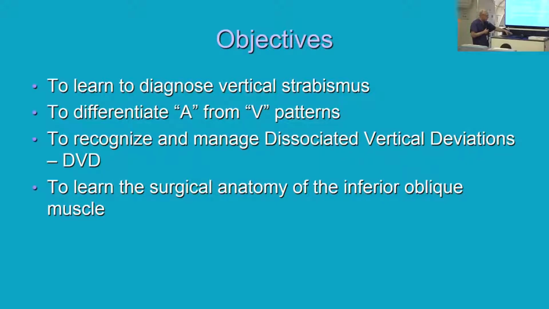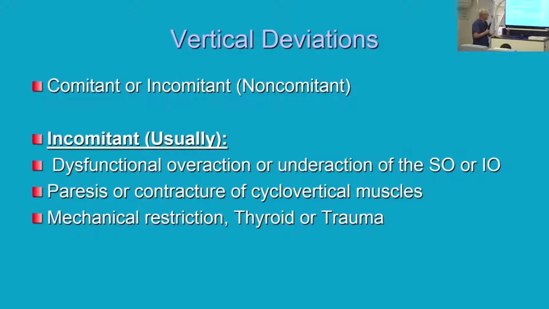So vertical deviations, first of all, can be either comitant or non-comitant (incomitant) deviations. Comitant means basically that the deviation is the same in all positions of gaze, or very close in all positions of gaze, whereas non-comitant means that it could be different in upgaze or downgaze, hence these V or A patterns which can occur.